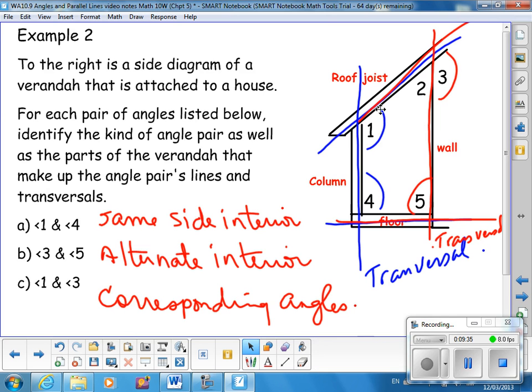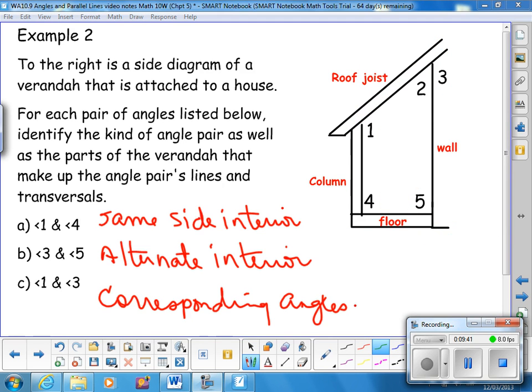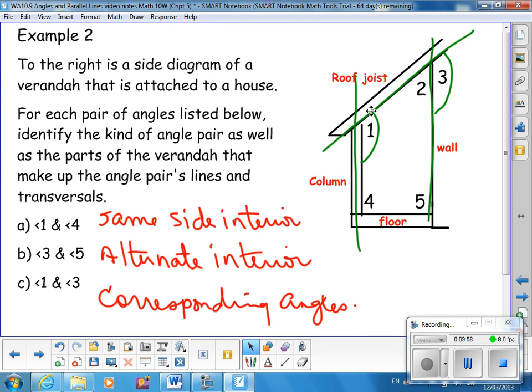And the last one, 1 and 3, I think I better erase this one now. So 1 and 3, they are corresponding. They're both to the right and below the line. So this is the transversal, and these are your lines. And this would be corresponding.